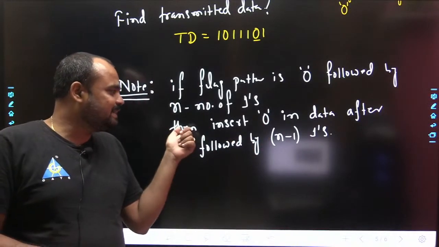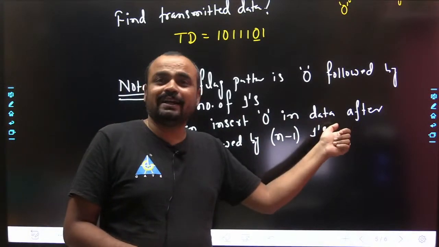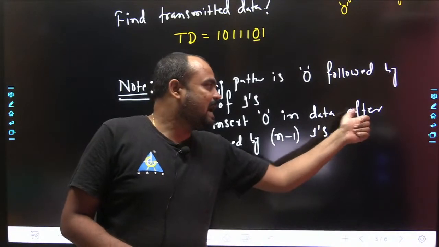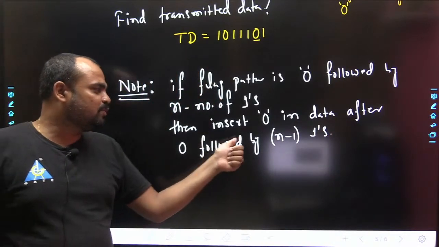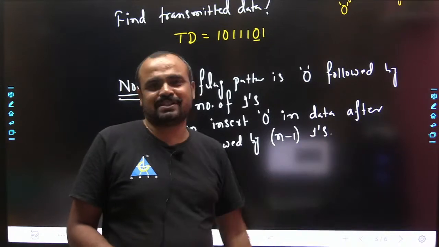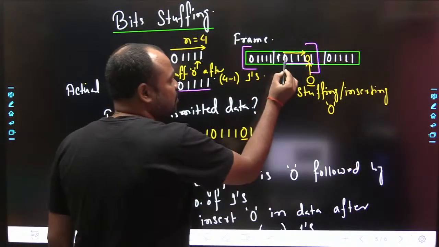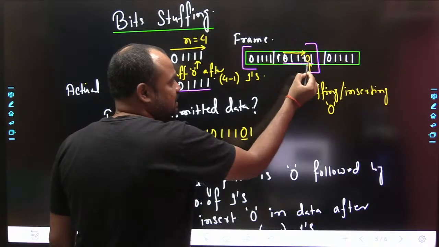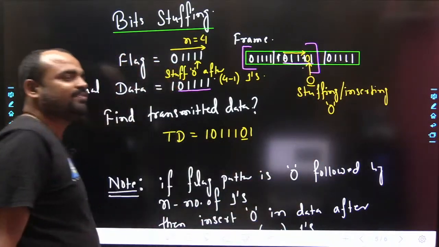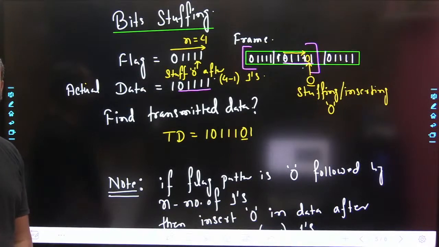That's why I have written then insert 0 in data, after 0 followed by n minus 1 ones. So in data, if there is 0 followed by 3 ones, then stuff 0. Is that clear, everyone?